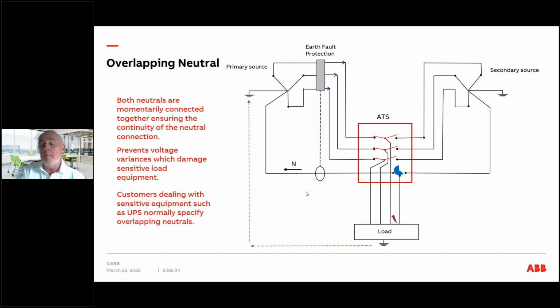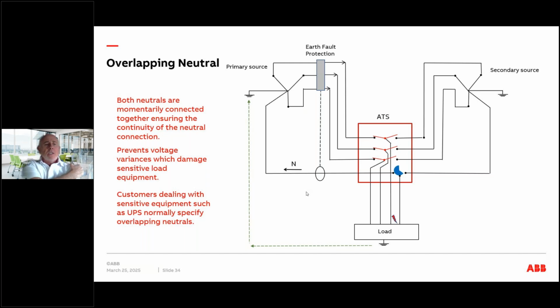So that moon shape there is trying to illustrate that when the switch switches over to the secondary source, the poles go over, but that cam effect actually maintains the neutral at all times to the load. So the load does not see a break in the neutral, on the way that fourth pole is designed. So there'll be a moment where the load will see both neutrals, but then it switches permanently to the secondary source.